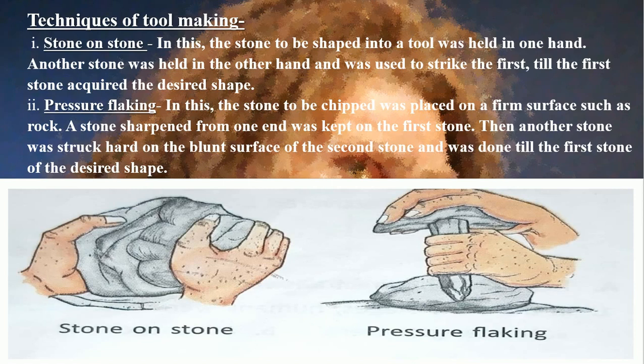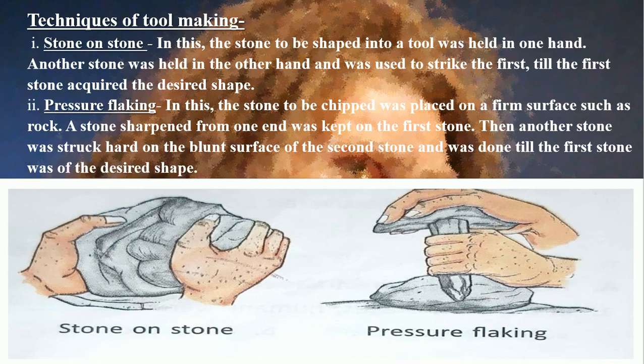A stone sharpened from one end was kept on the first stone, and above it another stone was struck hard on the blunt surface of the second stone. It was done till the first stone took the desired shape.